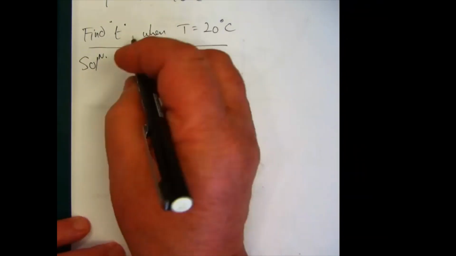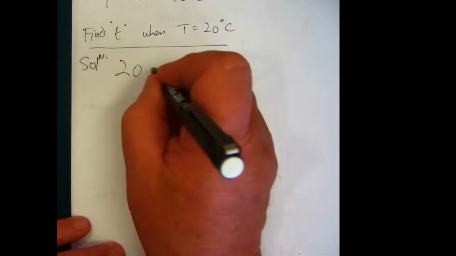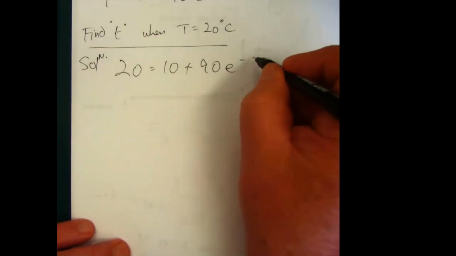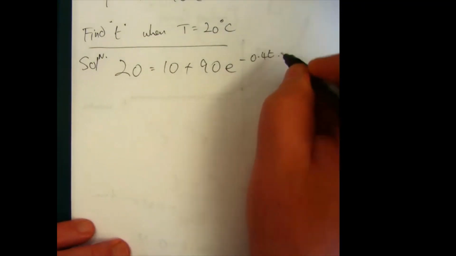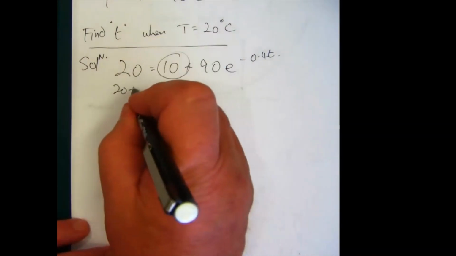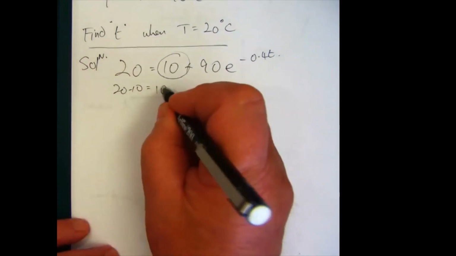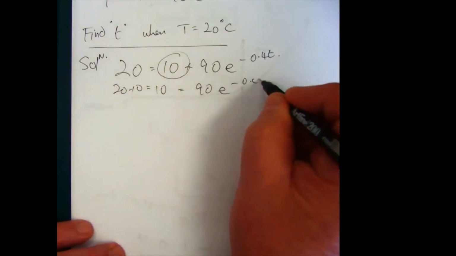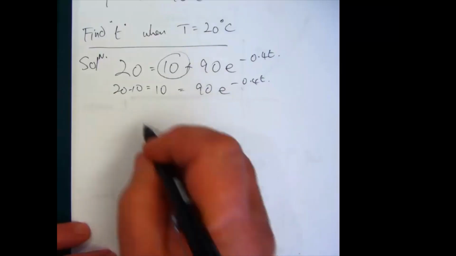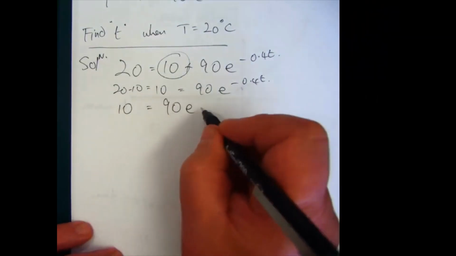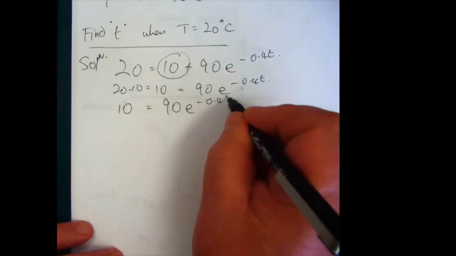Here we go. So we substitute the value. So 20 equals 10 plus 90 e to the minus 0.4t. Now, step 1, we can get rid of this. So 20 minus 10 equals 10, which is 90 e to the negative 0.4t. Now, what we have now is 10 equals 90 e to the negative 0.4t.